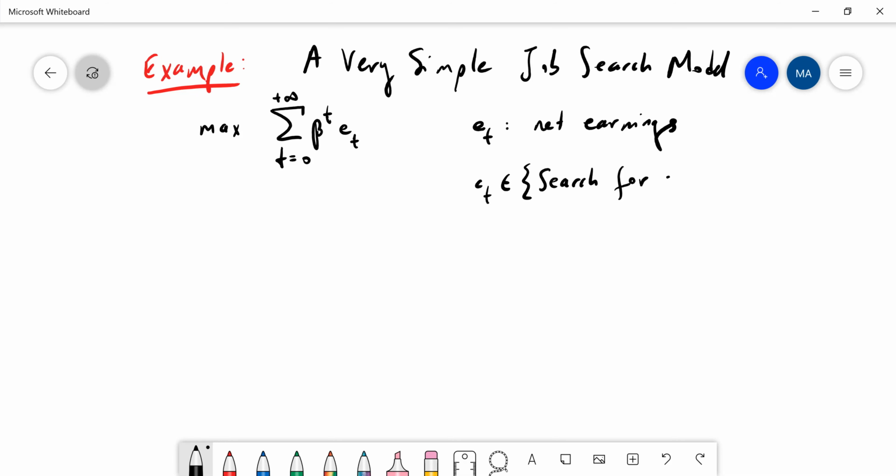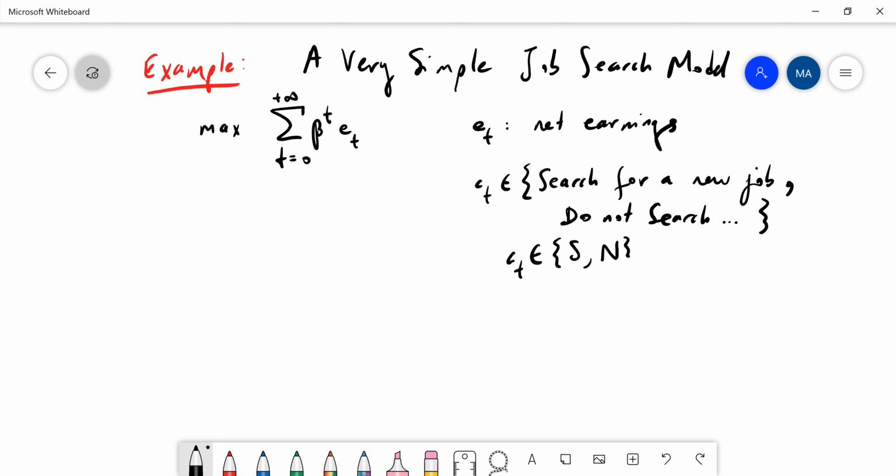Search for a new job, or do not search for a new job, all right? So for notational simplicity, let's denote them by S and N, okay? And the state space is this. So the wage will be the state variable, okay?